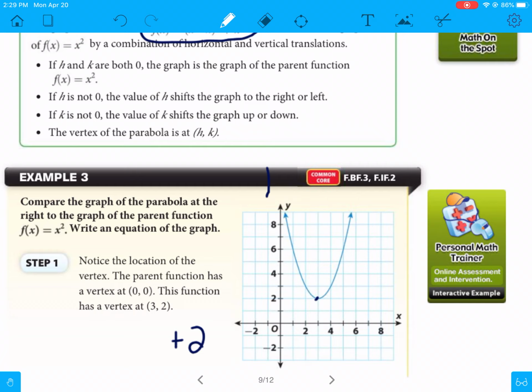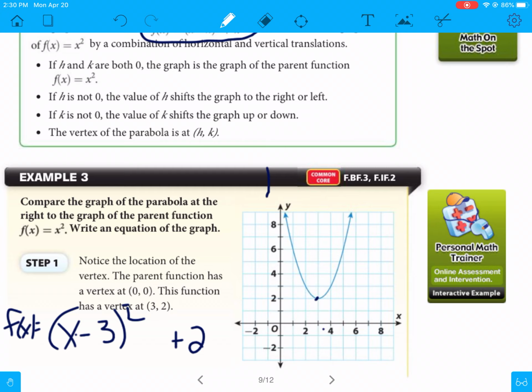Now it went to the right 1, 2, 3 units. Remember, when it goes to the right, it's going to be minus: x minus 3 squared plus 2. So f of x equals x minus 3 squared plus 2.